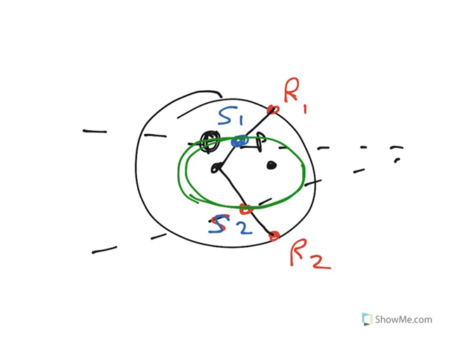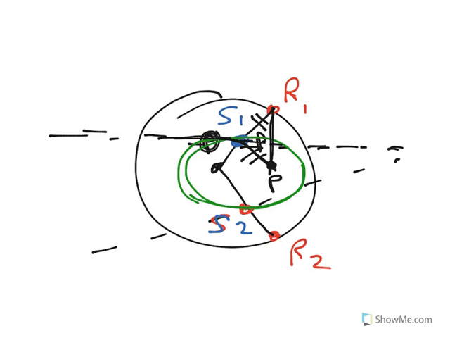And the reason that happens is because if I draw in this line segment S1P, S1P is congruent to S1R1. That's because this fold here was the perpendicular bisector of, if I made this line segment here, PR1.